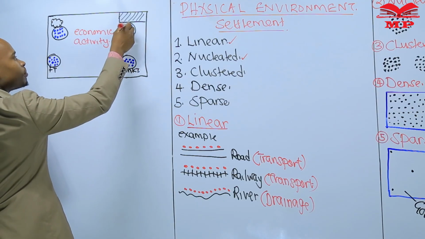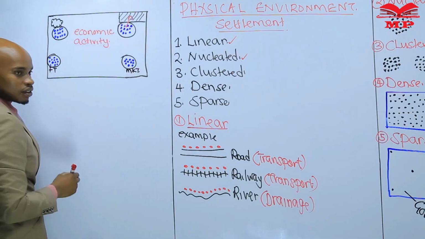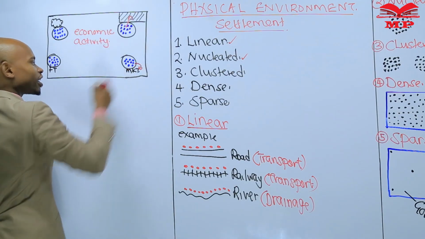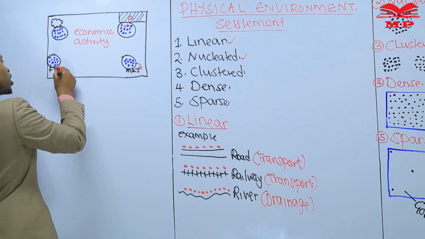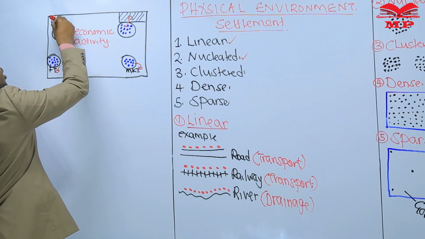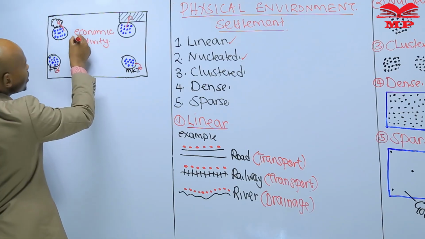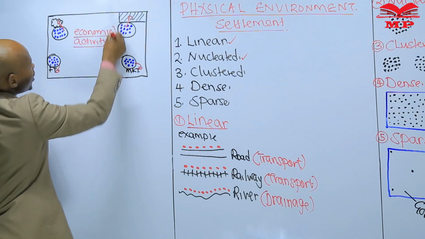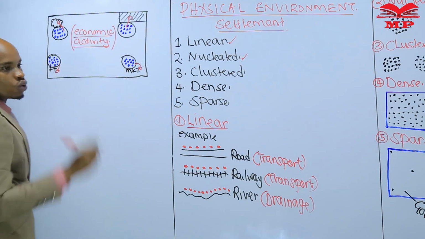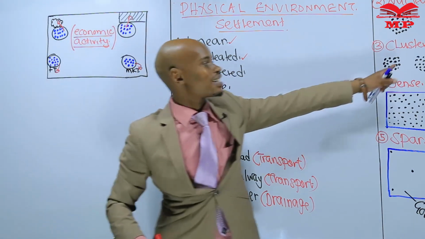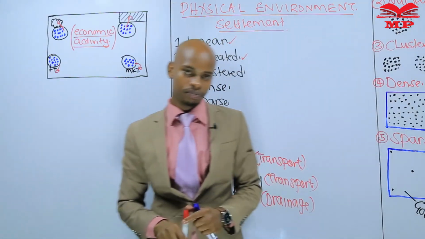These ones work here in the plantation. These ones, they work here in the market. These ones, they do fishing here. These ones, they do mining here. Economic activity is the one that has led them to assume this clustered settlement.